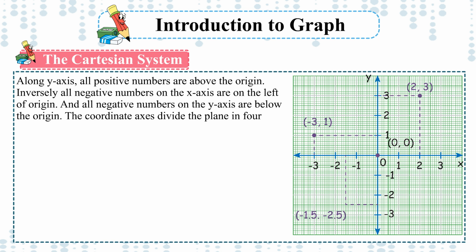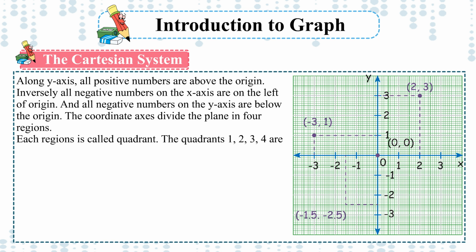The coordinate axes divide the plane in 4 regions. Each region is called quadrant. The quadrants 1, 2, 3, 4 are marked in anti-clockwise direction.